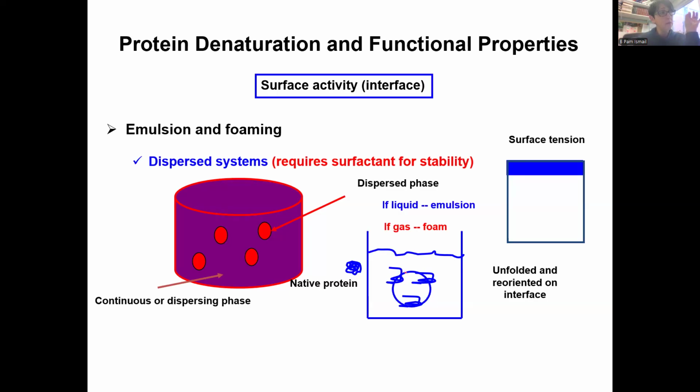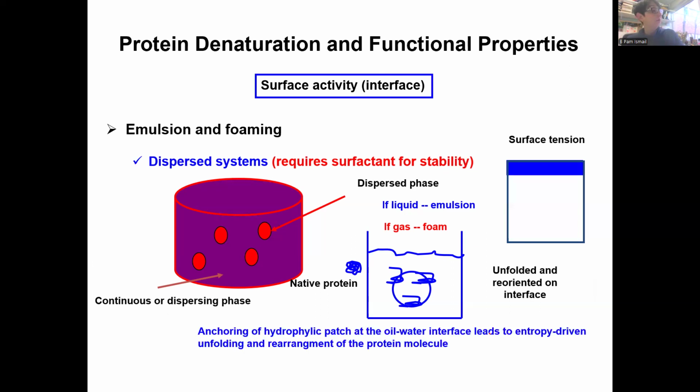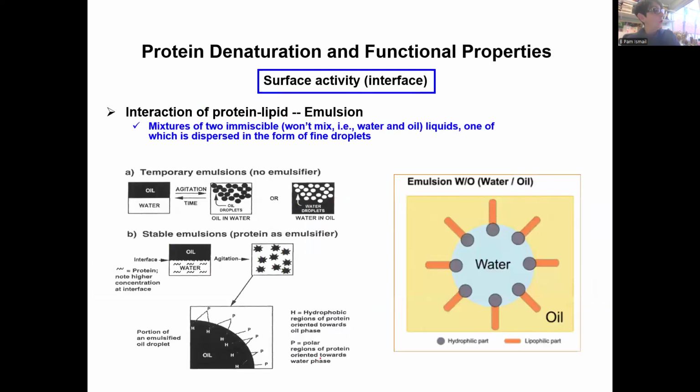And the proteins start forming a film around the bubble or around the oil or around the water if the water is dispersed. So that's basically anchoring its hydrophobic and hydrophilic parts to the correct phase.